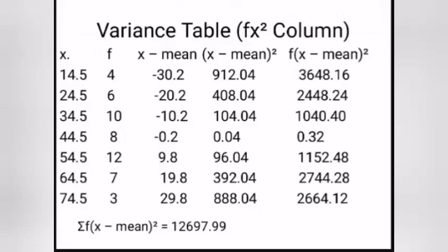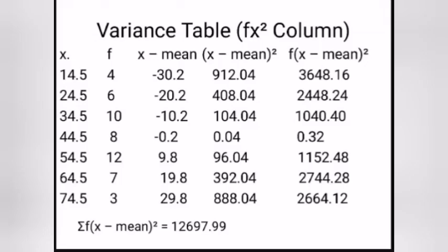So we're trying to find variance now. To find variance, first of all, we write our x. The x we already got was the midpoint. Remember how to get your midpoint from your class interval: you add both ends and divide by 2. Then the frequency, f, was already given to us.